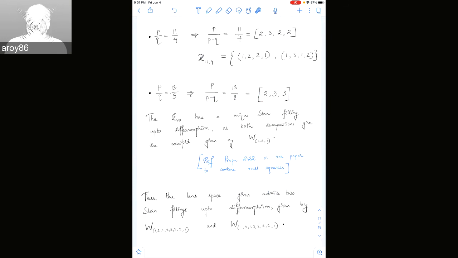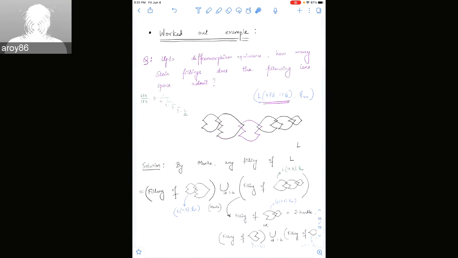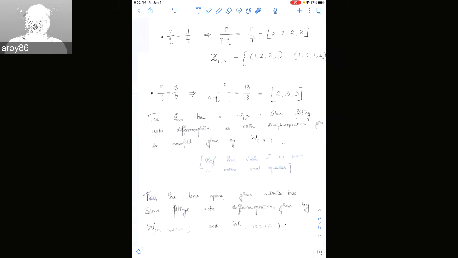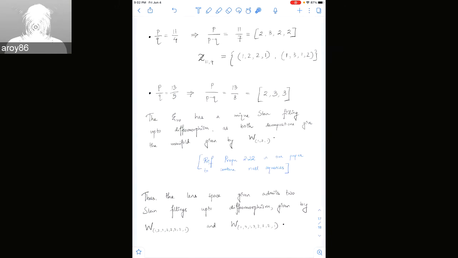But if we work through the fillings that come from L(5, 2) and then attaching a 2-handle, or the fillings of L(3, 1) and L(2, 1) and combining them, it turns out that both of them correspond to the null sequence 121. So there's actually a unique Stein filling for the virtually over-twisted structure on L(13, 5).